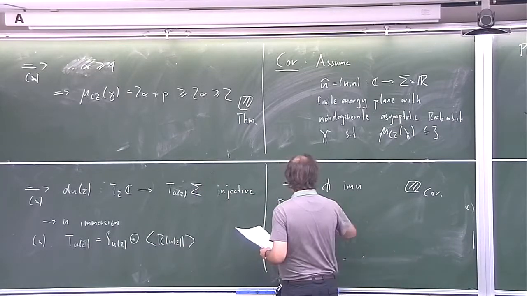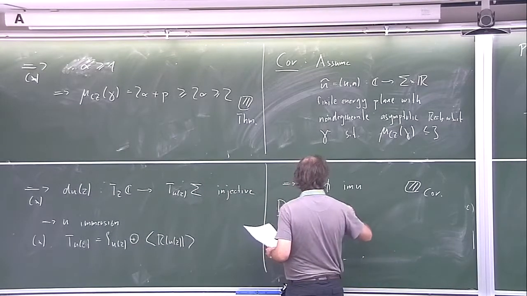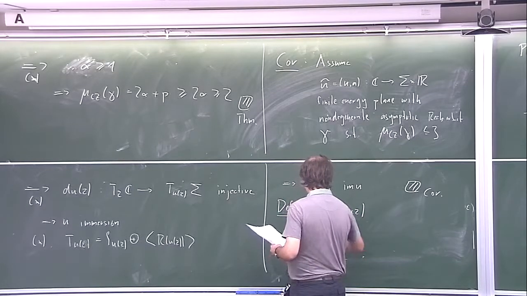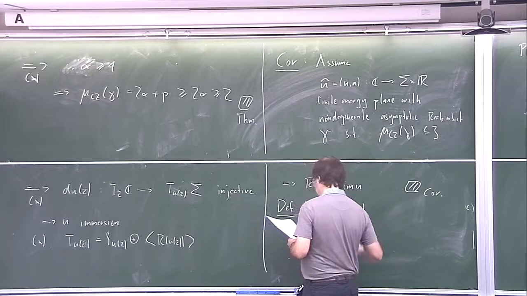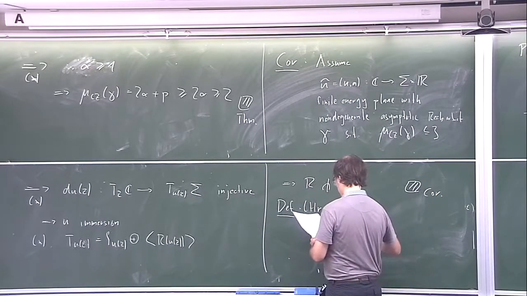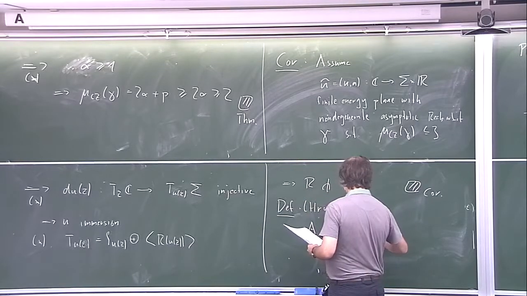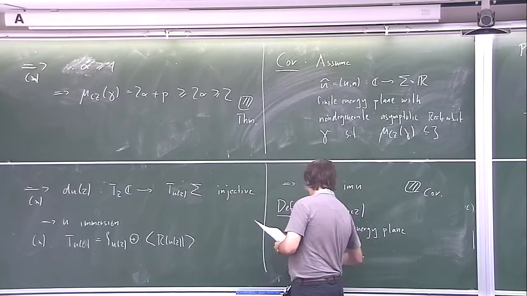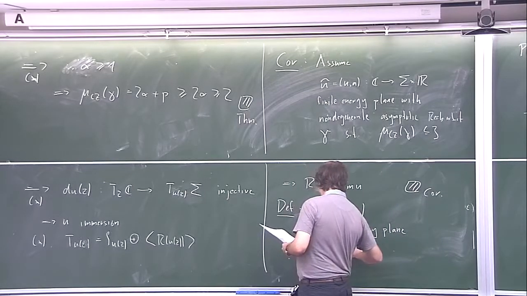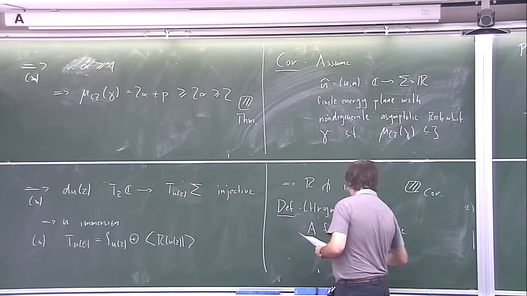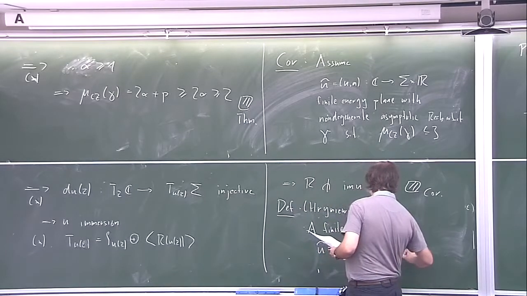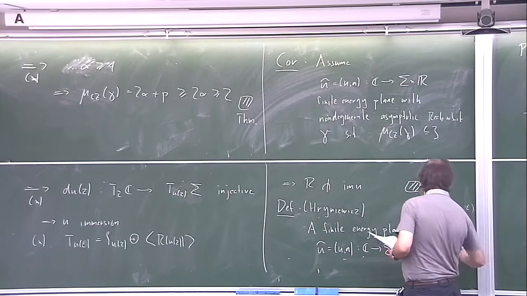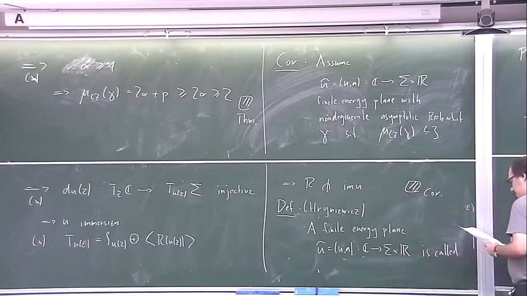So one way to define fast finite energy planes is the following. A finite energy plane u tilde from C to sigma times R is called fast.